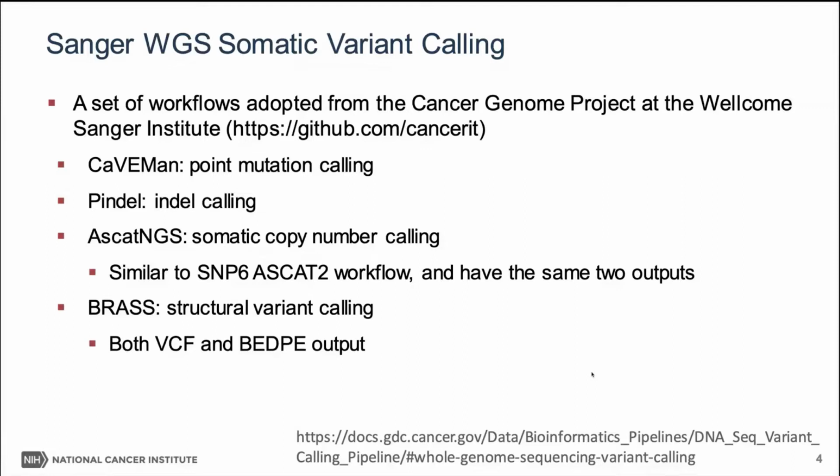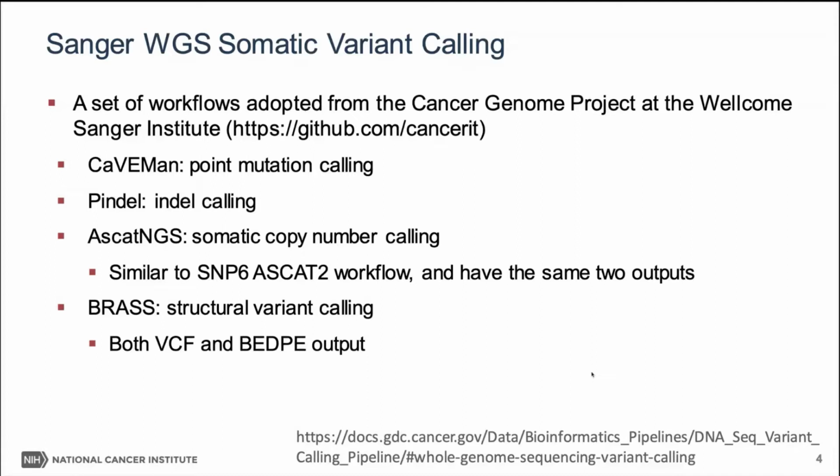The GDC has adopted a set of workflows from the Wellcome Trust Sanger Institute, in particular their Cancer Genome Project. This set of workflows actually contains 4 different tools. 2 of those are for short mutation calling. This includes Caveman, a point mutation caller, and Pindel for indel calling.